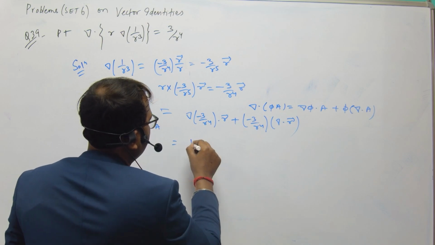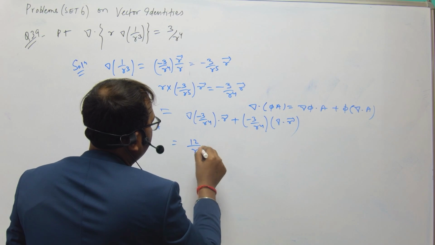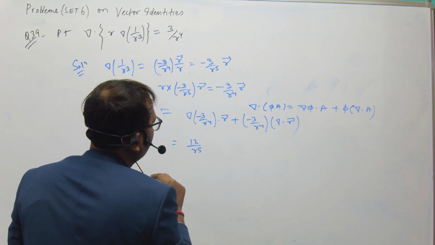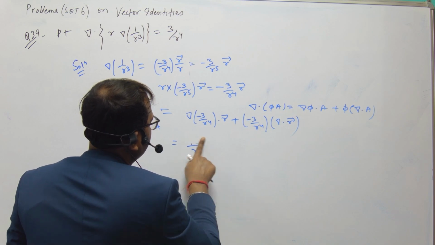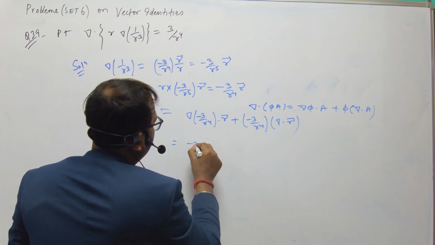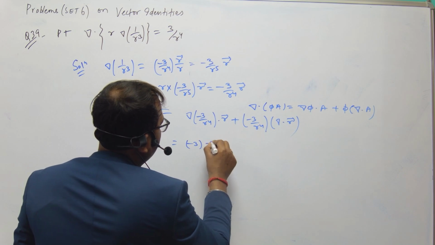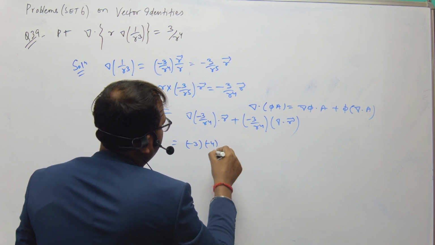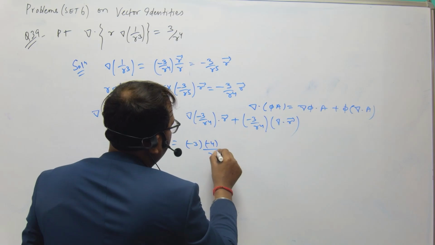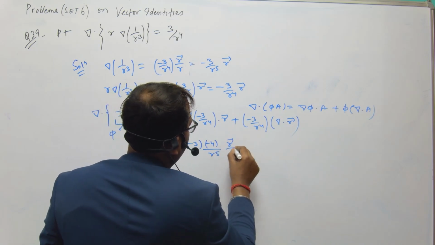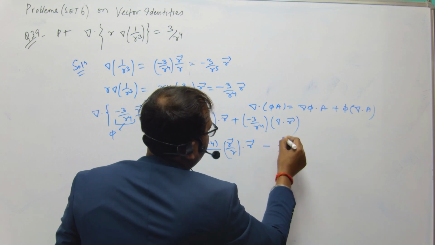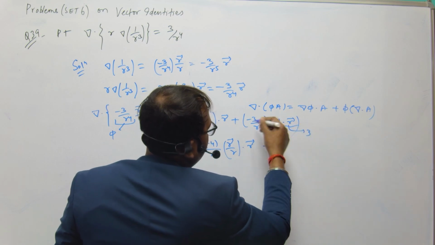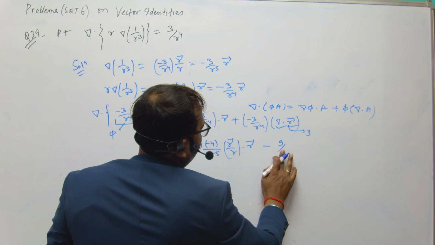This is 12 upon r5, minus 3 into, this is minus, times r5, r vector upon r dot r vector, minus 9 upon r4, this is 3 times 3, 9 upon r4.